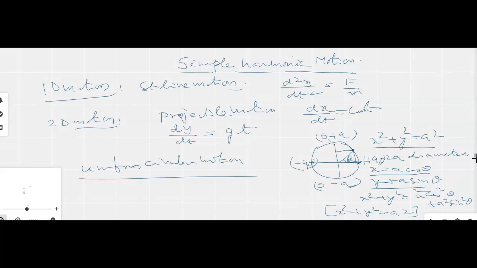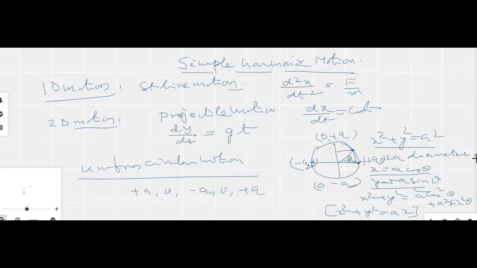So this is how two one-dimensional motions give rise to the 2D motion of the object. The projection on the x-axis changes as follows: suppose it starts at this point at t equal to 0, then the starting value is plus a, then it becomes 0, then minus a, then again 0, then again plus a as it goes around the circle.